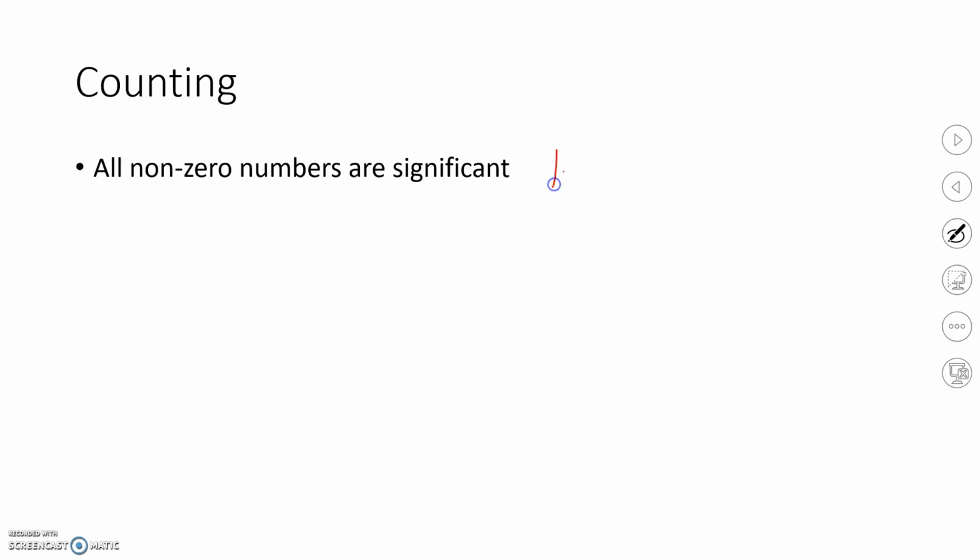So any number 1 through 9 is considered to be significant, and we count them. When we're looking at numbers, for example, let's just say 1, 2, 3, 4. 1,234 has 4 significant digits. We'll do some different colors. So it has 4 sig figs.